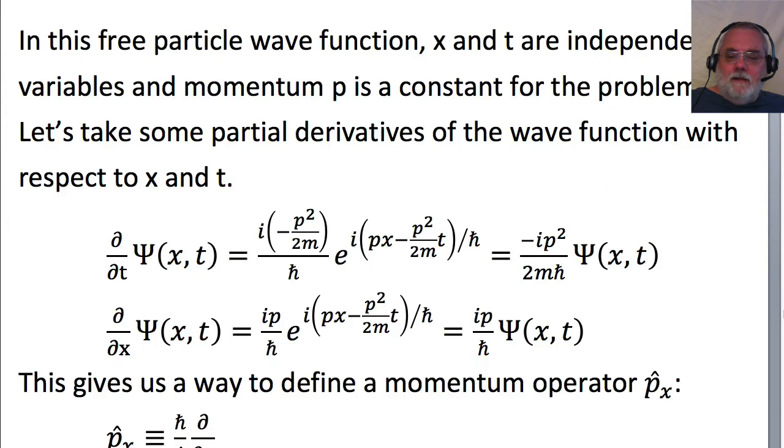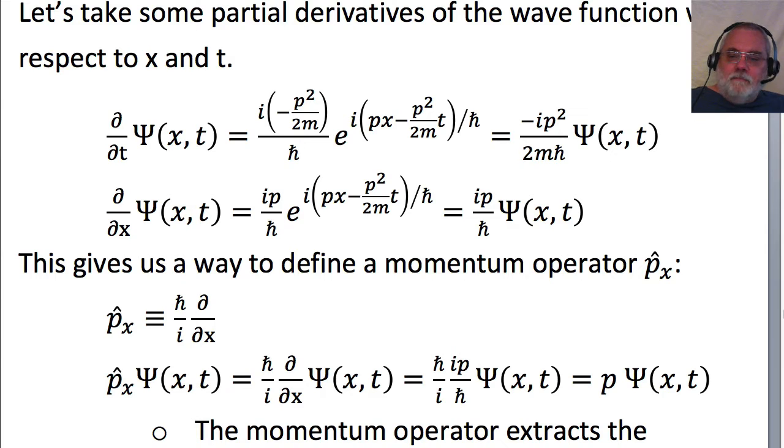This gives us a way to define a momentum operator, p sub x, and we'll denote this as an operator by having this caret or hat above p to remind us this is an operator. It's not a numerical value. We define the operator p sub x as h bar over i times the partial derivative with respect to x.